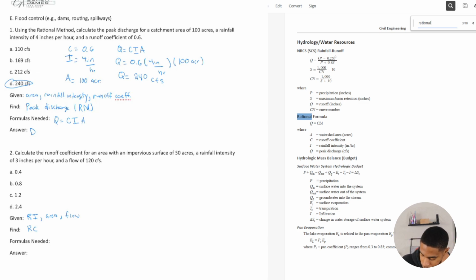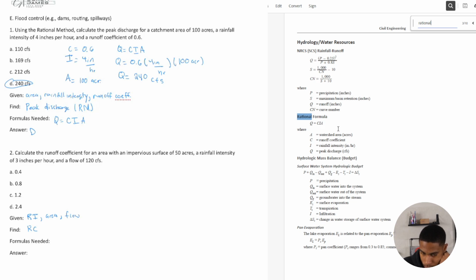All right. So how do we solve for the runoff coefficient? Well, I feel like I'm still in the right area. I'm given flow, all right? Q equals CIA. If I'm given flow, which is my discharge of 120 cubic feet per second, I have Q. Do I have C? No, because C is what I'm solving for. Do I have I? Yes, 3 inches per hour. And do I have A?